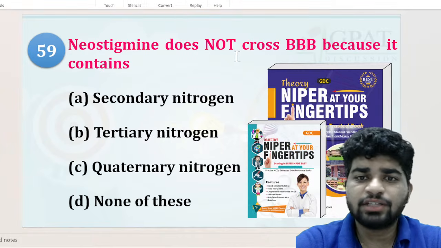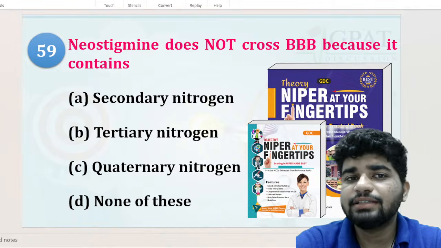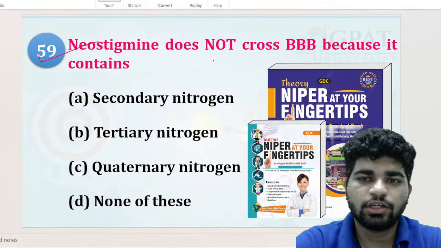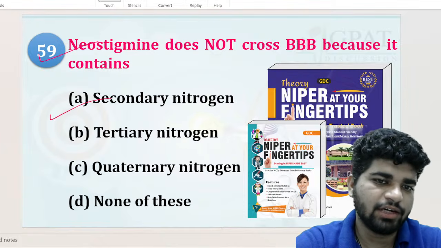Now, neostigmine does not cross the blood-brain barrier because it contains secondary nitrogen, tertiary nitrogen, quaternary nitrogen, or none of these?